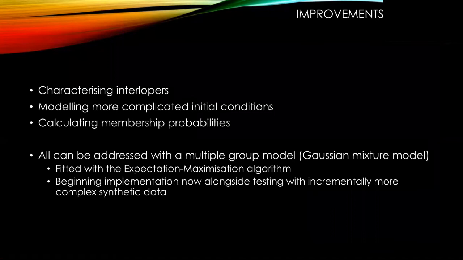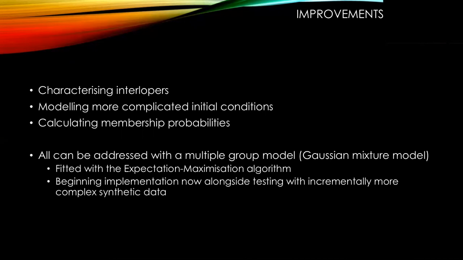Well, I haven't talked about what you do when you have stars that aren't in fact part of your group. Other problems are maybe the initial conditions of the stars aren't perfect Gaussians. Maybe they form hierarchically, and you need to describe this multi-event process.